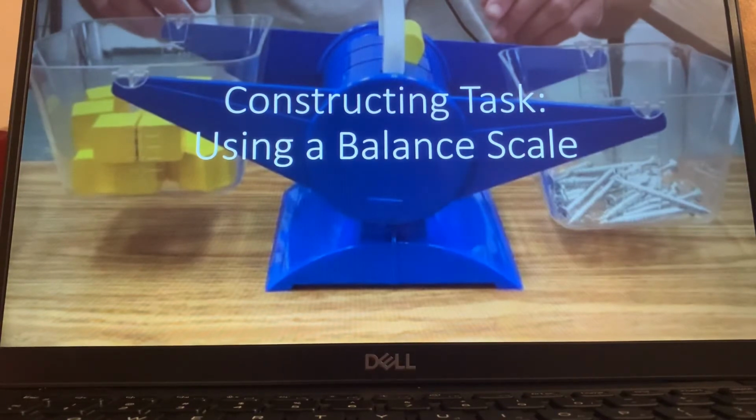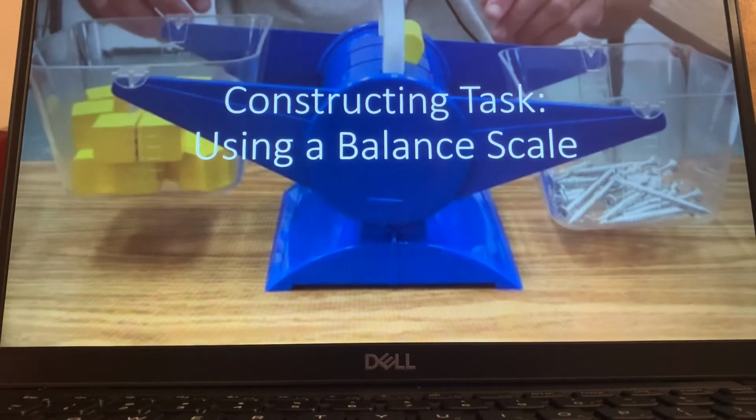So if you notice in this picture, there is a bucket on each side of the scale. One bucket has yellow foam squares. The other bucket has nails. Looking at these two objects, we don't know how many foam squares there are. We don't know how many nails there are.